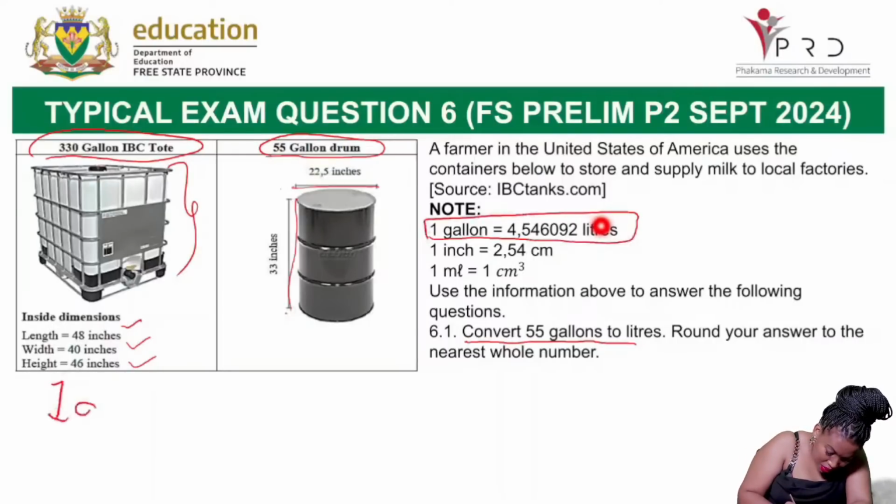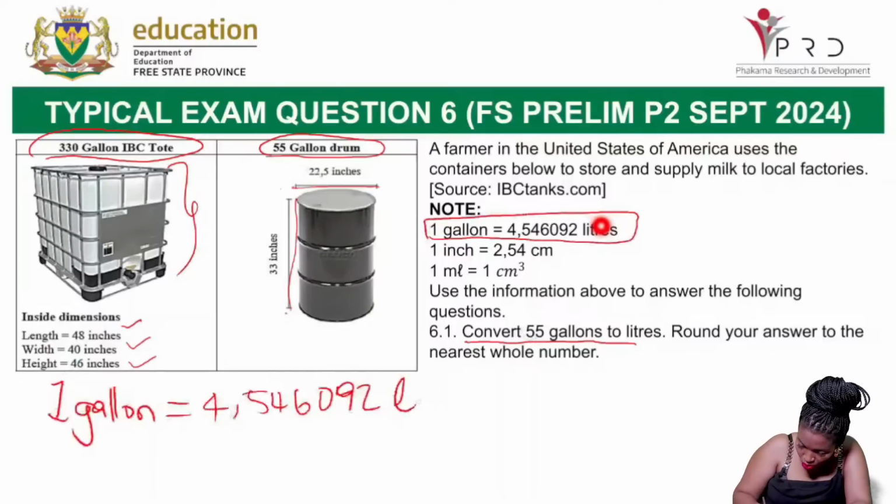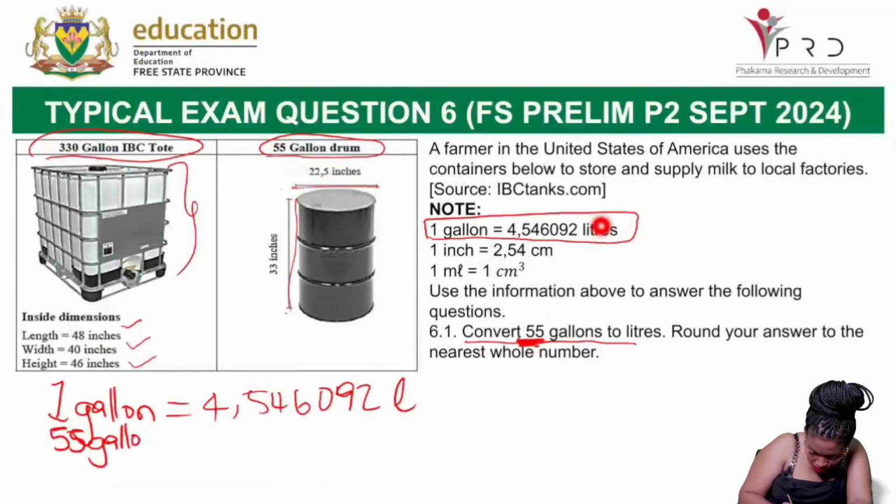Let me write it down: 1 gallon is equal to 4.546092 liters. So how many gallons are we converting? 55. We'll say 55 gallons is equal to, we want the number of liters. So let me just say liters. We'll just cross multiply.